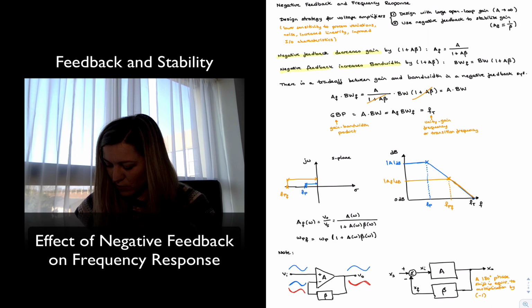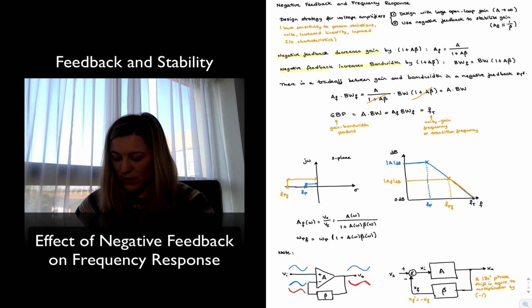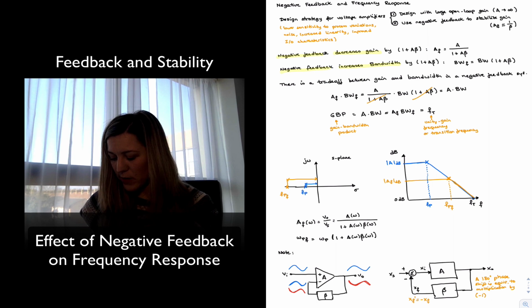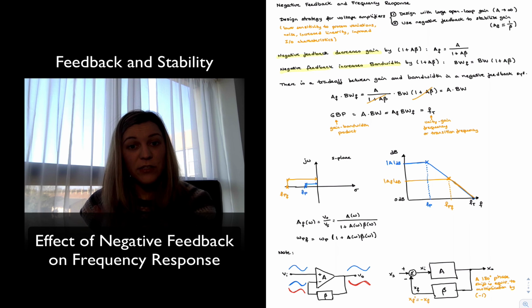And so therefore my xf prime will be equal to negative xf. And so negative with negative, basically my feedback signal will be adding to my source signal, and therefore my error signal will be larger than the source signal as opposed to smaller than the source signal. And so that's how the 180 degrees phase shift has transformed negative feedback into positive feedback.